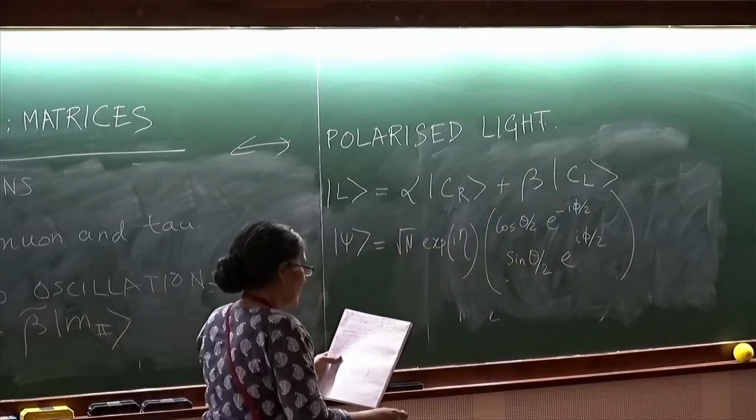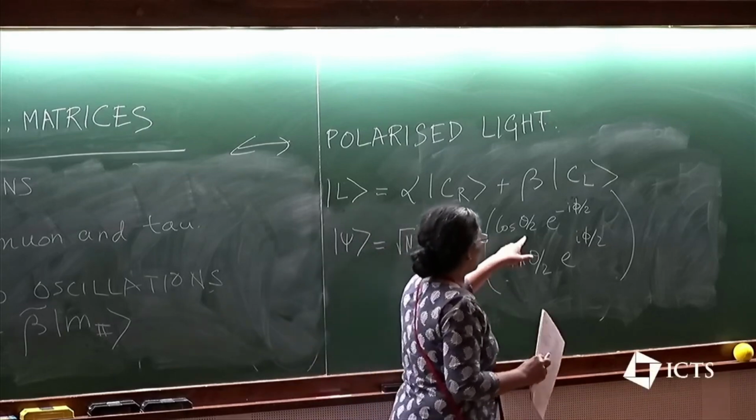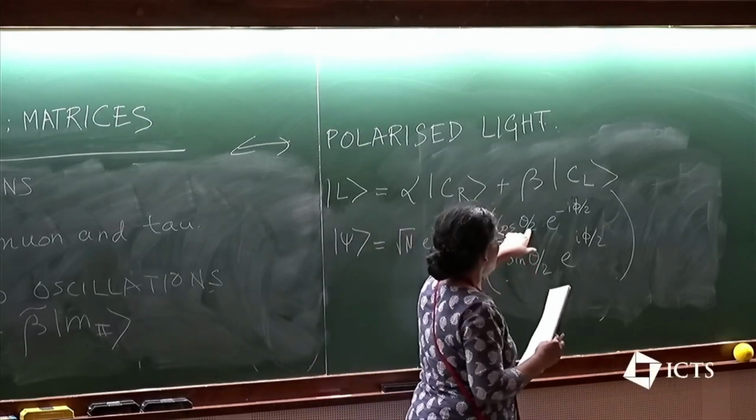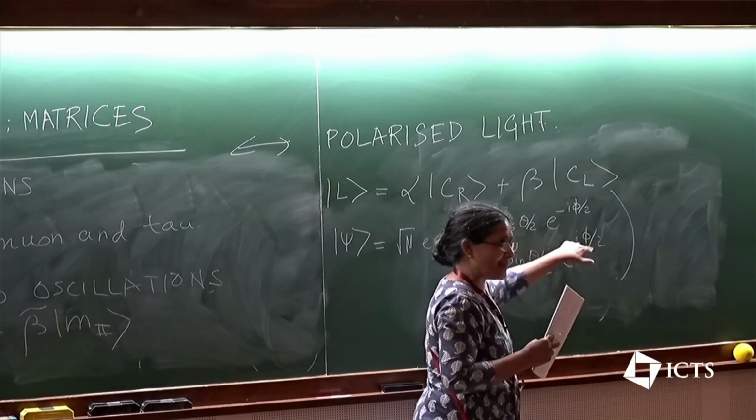Okay? So this is a phase factor, and this is the polar angle, and this is the azimuthal angle. And it's interesting, the half angles come into play.